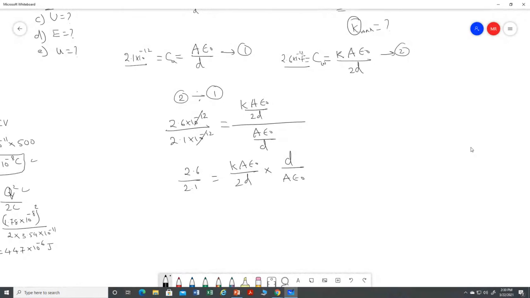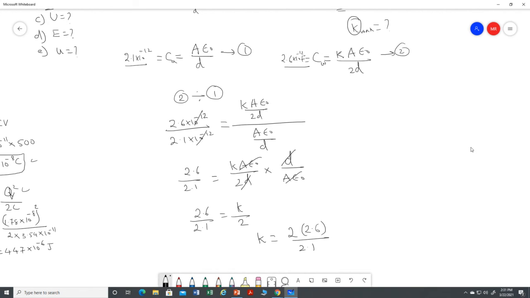Am I right? Yes. So I can cancel this D and this D, and cancel A epsilon naught. What is remaining? 2.6 over 2.1 is equal to K over 2. So we are going to find the value of K. Therefore, K is equal to 2 multiplied by 2.6 divided by 2.1.